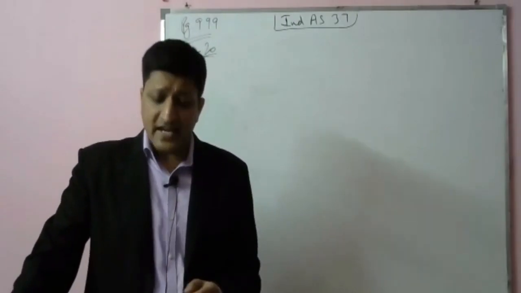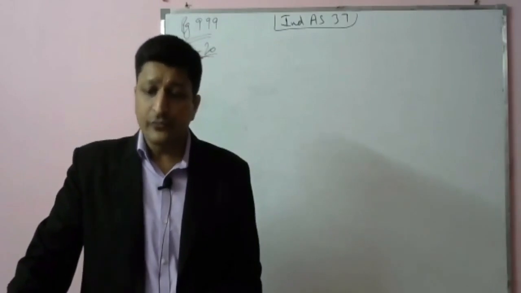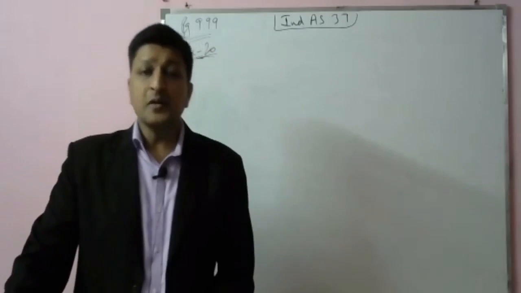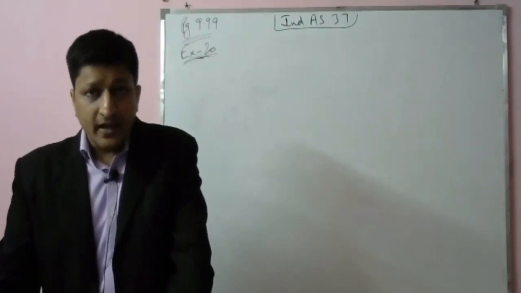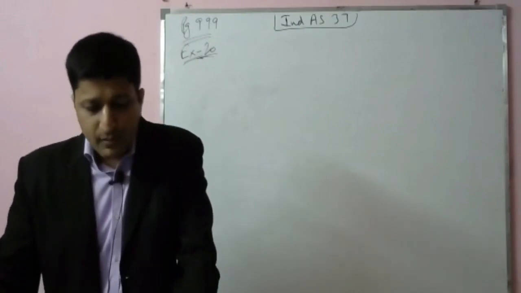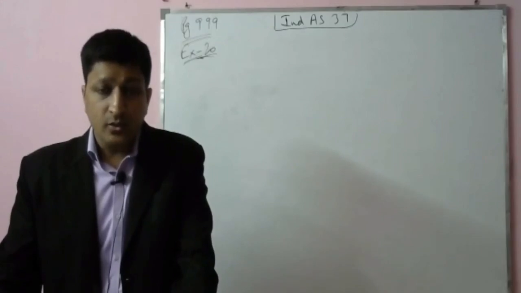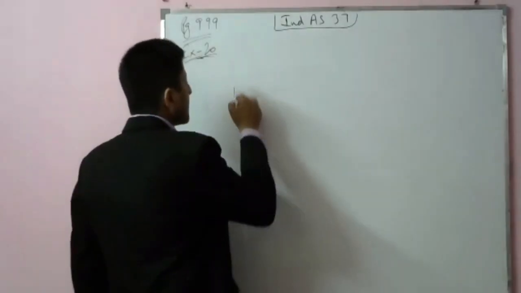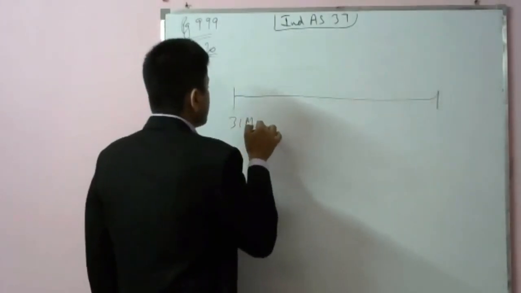After a wedding in X1, X2, 10 people died, possibly as a result of food poisoning from drugs sold by the entity. Legal proceedings are started seeking damages from the entity, but it disputes the liability. Up to the date of approval of the financial statements for the year to 31st March X2 were issued. So we are talking about 31st March X2 financial statements.